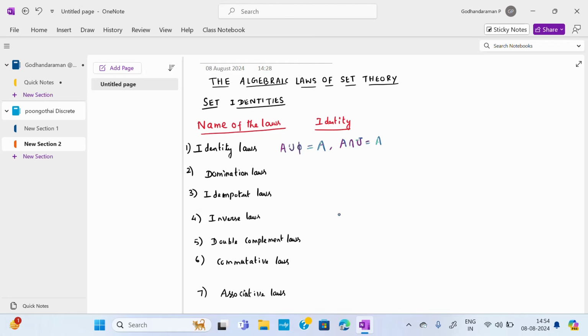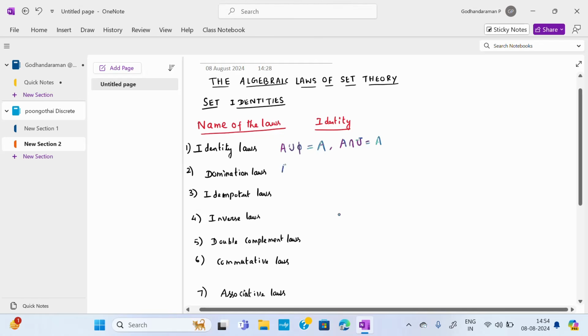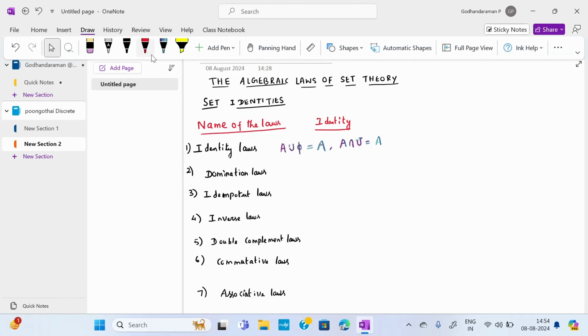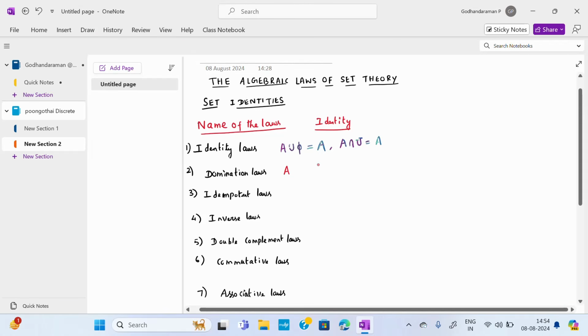Next, the domination law. Domination law is when A union the universal set is nothing but U itself.